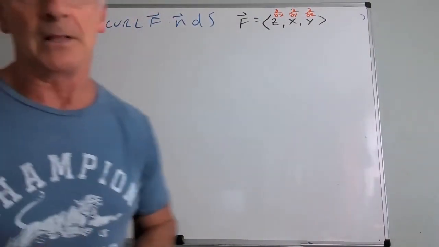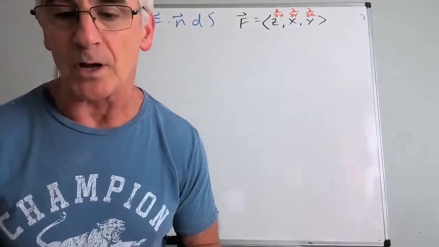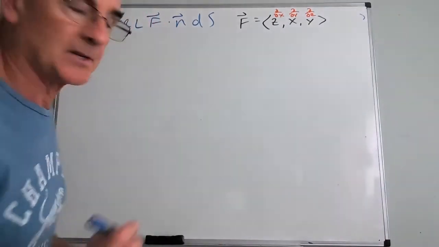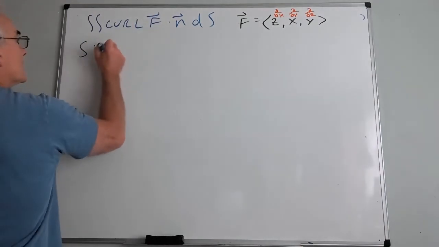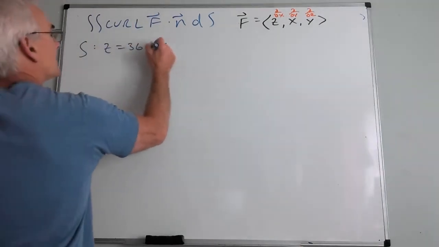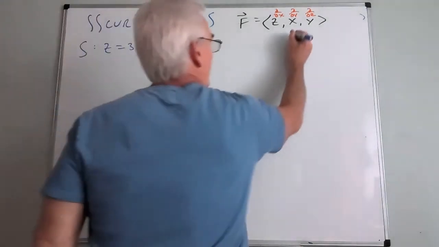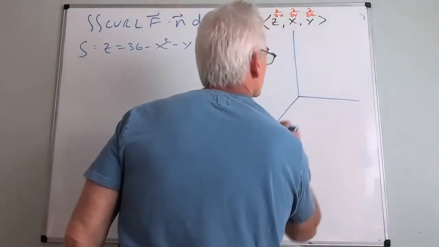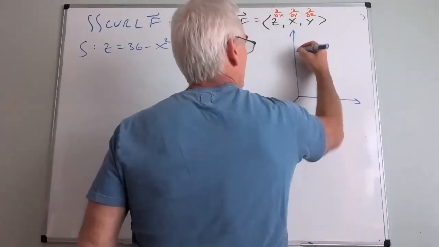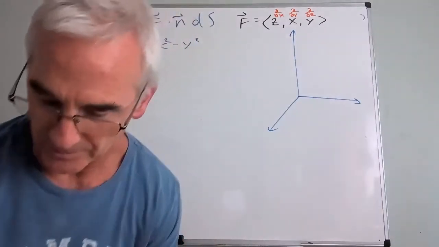So in this case here, let's see, my surface was z equals 36 minus x squared minus y squared, which of course, one of our personal favorites, right? Let me use a different color here.